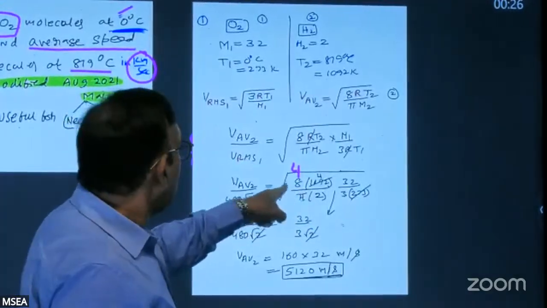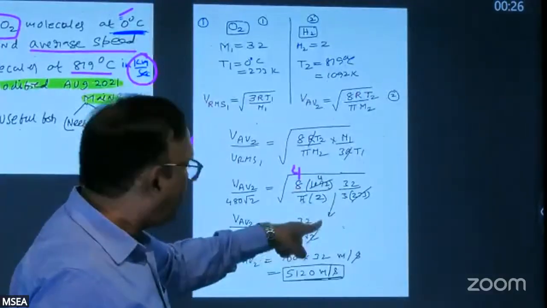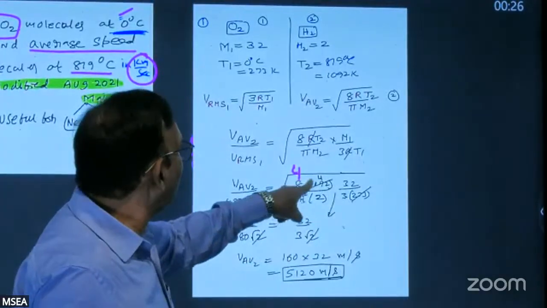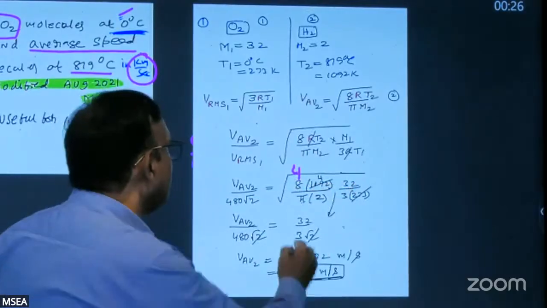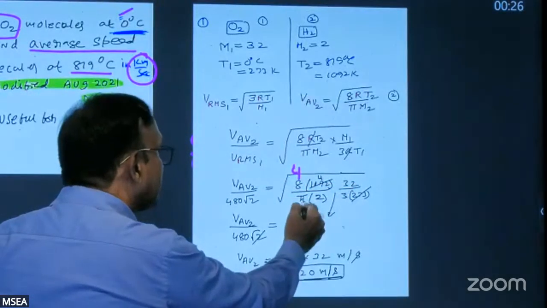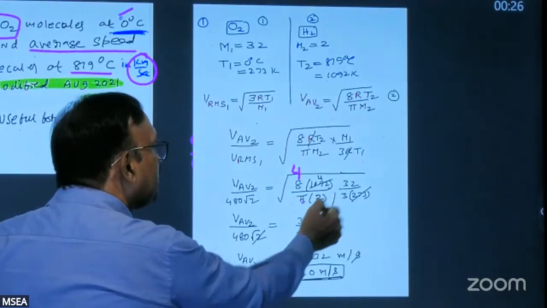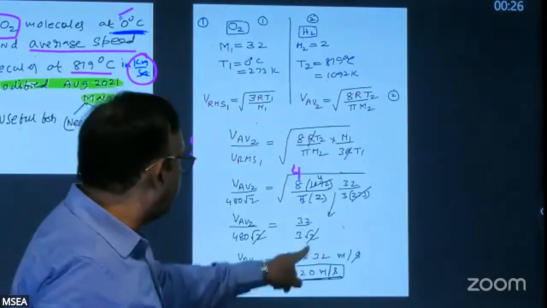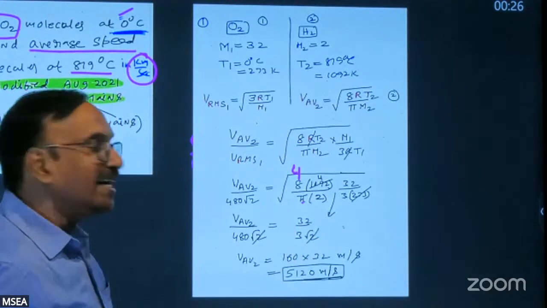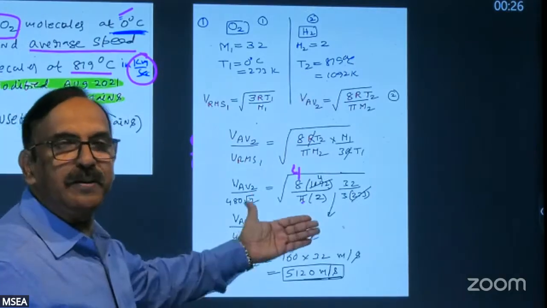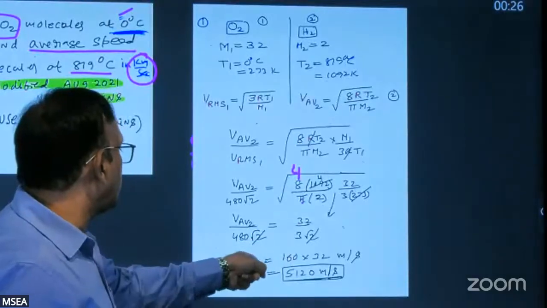Root 8 into 4 is 32. Root of 32 into 32 is 32. Divided by pi, pi is 3. Under root, 3 into 3 is 3, root 2. Okay, this root 2 happily gets cancelled. You can do the arithmetic by many methods. I'm just explaining the way it is being written here. The root 2 gets cancelled.